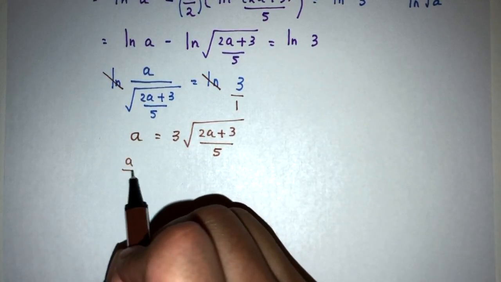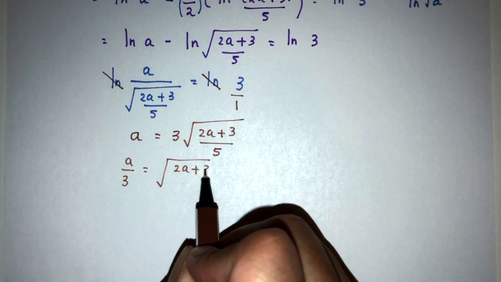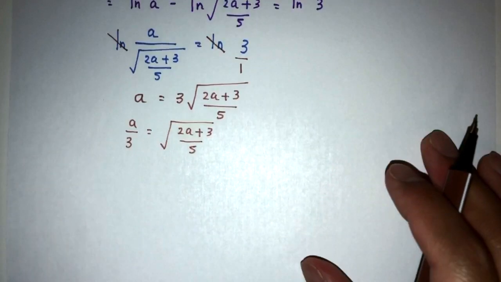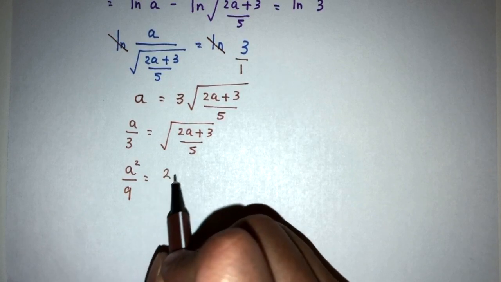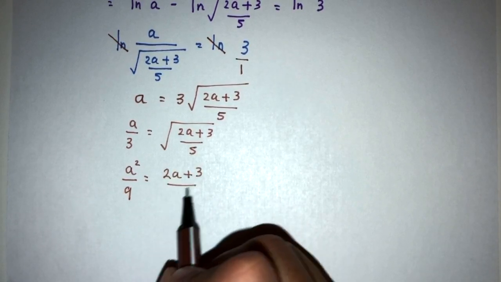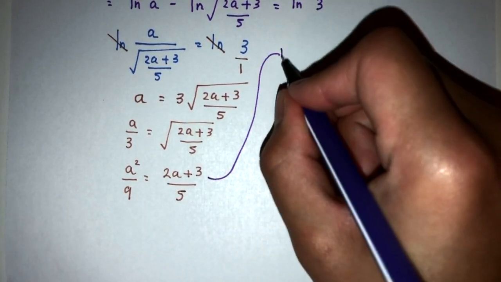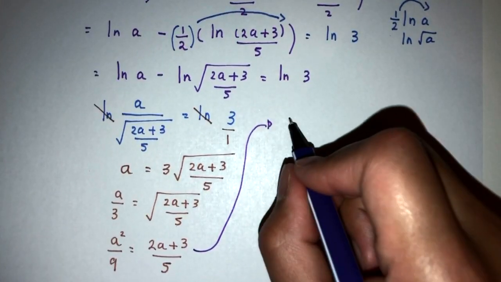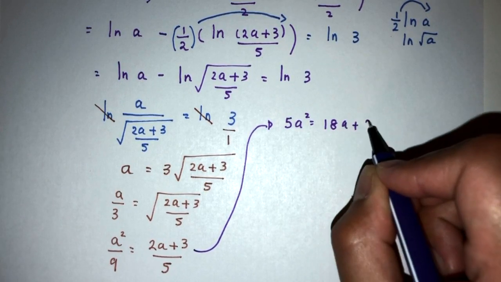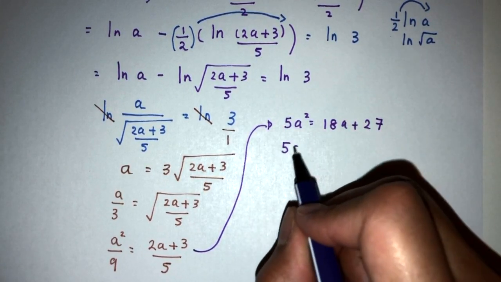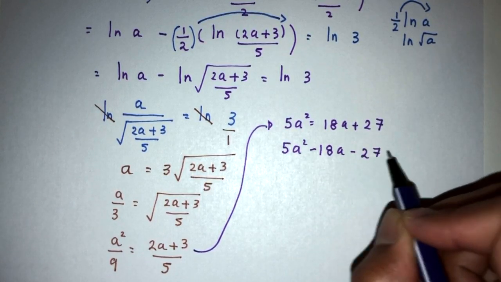You have a over 3, that will be root of 2a plus 3 over 5. Then simplify, that will be a squared over 9, that will be 2a plus 3 over 5. Now we have to cross multiply to see what happens. You will have 5a squared, that will be 18a plus 27. So simplify, send everything to one side. Let's see how we can factorize this for the answer.